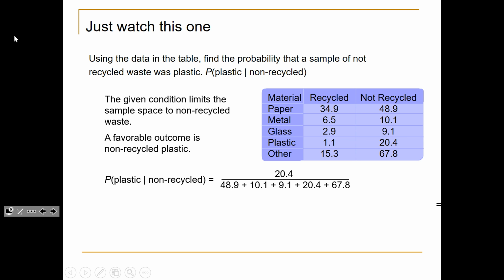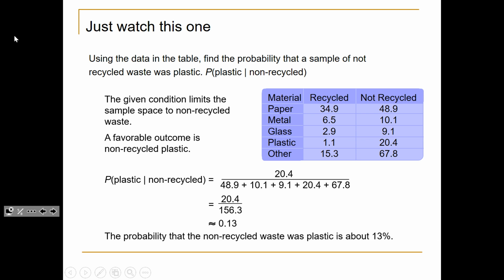So this would end up being 20.4 over 156.3. If I go ahead and divide those, I get about 0.13, which would be what as a percent? 13%. So the probability that a non-recycled waste was plastic is about 13%. Again, let me reinforce, the given is the second thing in your parentheses, right? So look at that part first, then go back and look for your favorite outcome, okay?